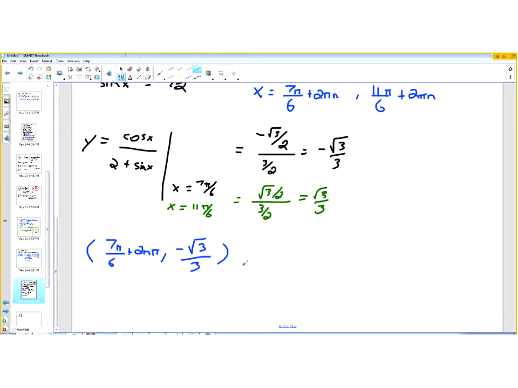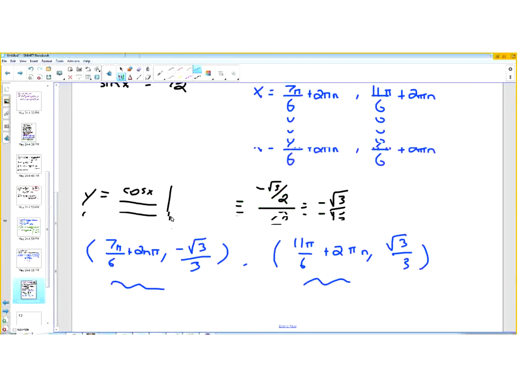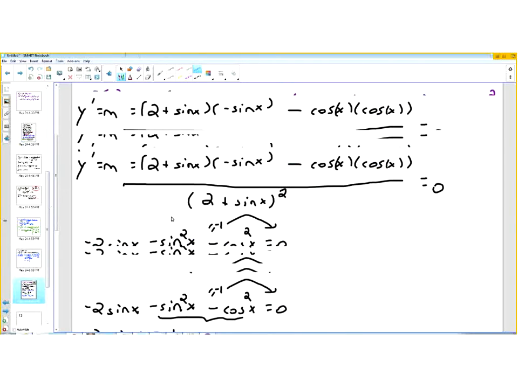So that's the locus of a set of points, and then the other places would be 11 pi over 6 plus 2 pi n, and then the square root of 3 over 3. And some of these are probably, I'm willing to say, local minimum points, and these would probably be local maximum points. Okay, so an interesting problem.